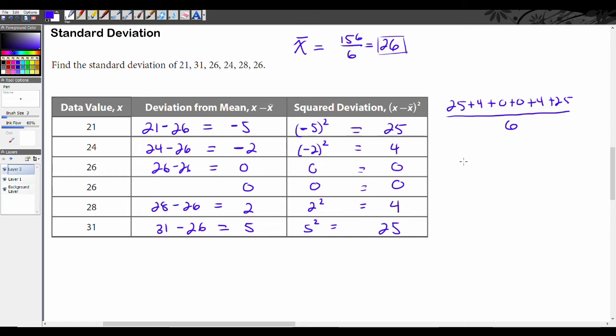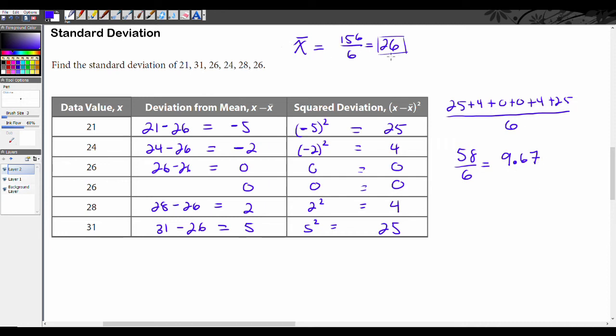That gives us 58 divided by 6, which is 9.6 repeating, so we'll call it 9.67. And that is our mean of the squared deviations.